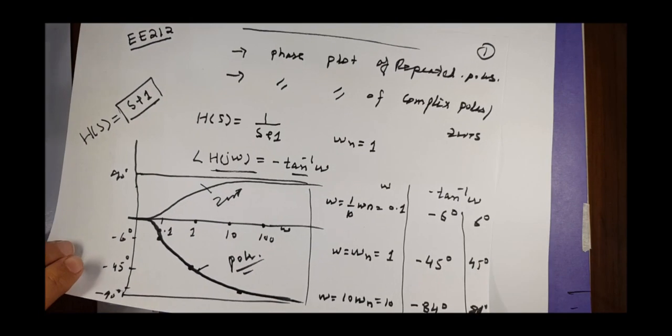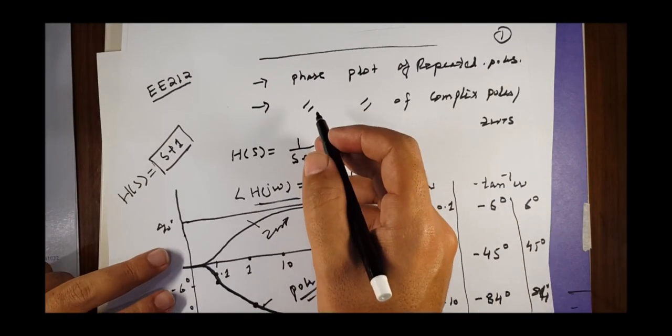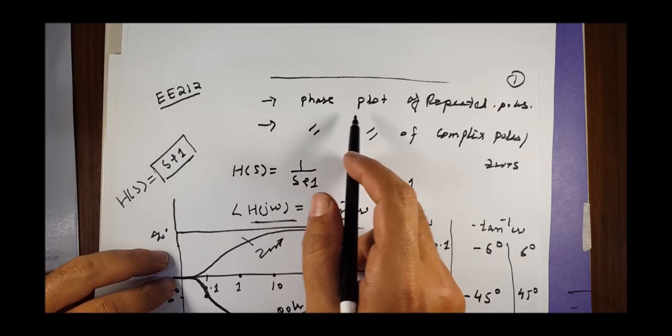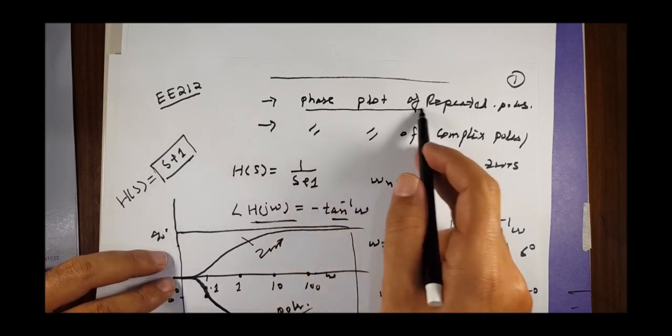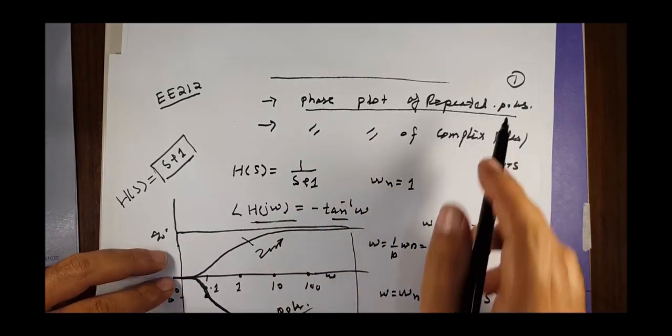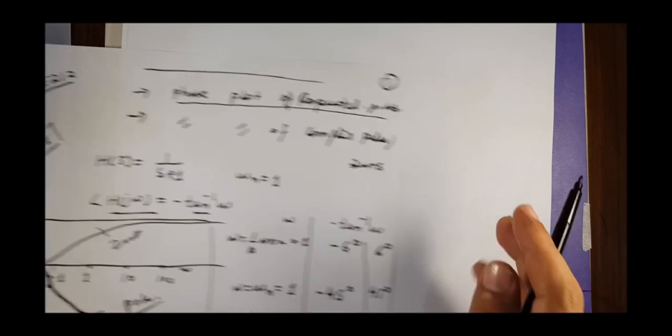Now we are in a position to move to the phase plot of repeated poles. What do we mean by repeated poles?